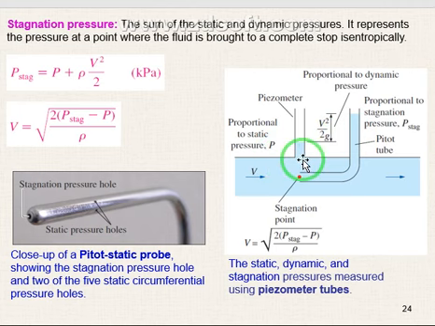I'm going to give you more details. So we can do the equation here using V squared, the velocity here at the middle, over 2g. If you don't add it, this only represents the static pressure, right?